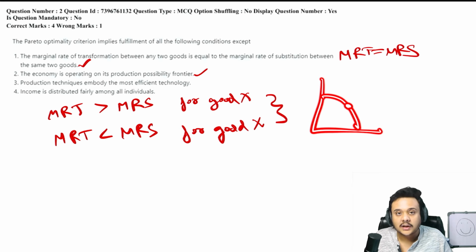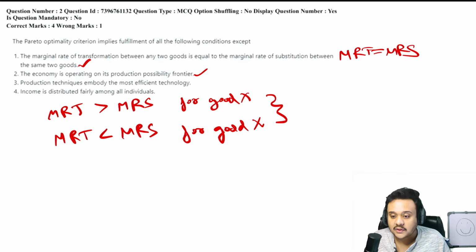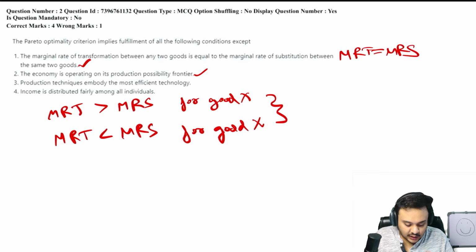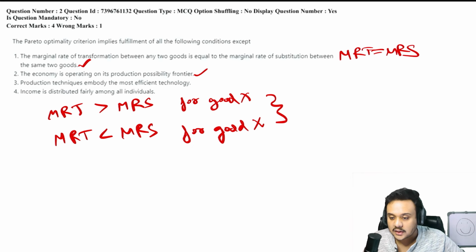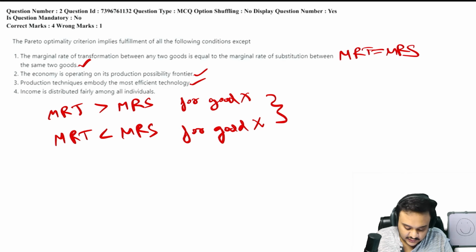Are you using your complete capabilities? No, you can still go higher, because with this newer and more advanced method you can produce wheat more efficiently. That is why it is an assumption of Pareto optimality that your current production technique is the most efficient there is, whatever the most effective technology is in your economy. So this is also absolutely true.